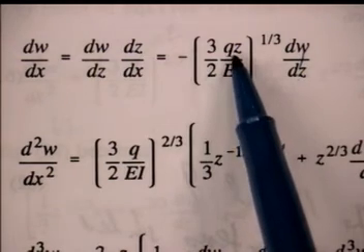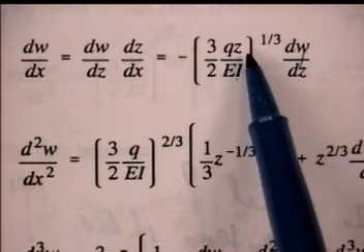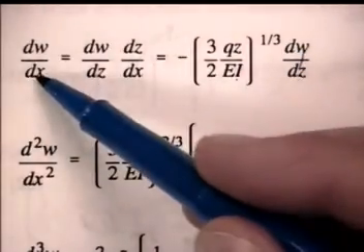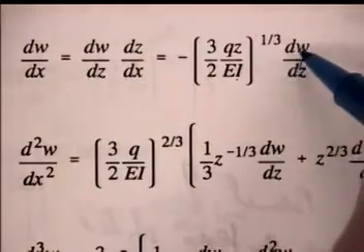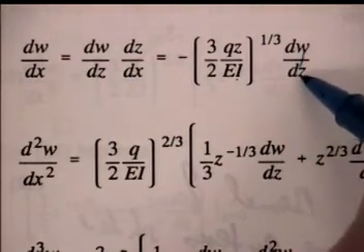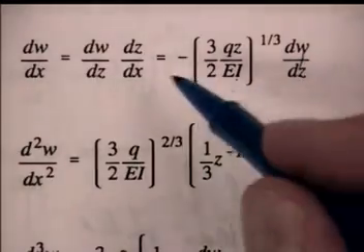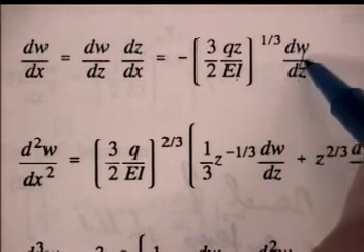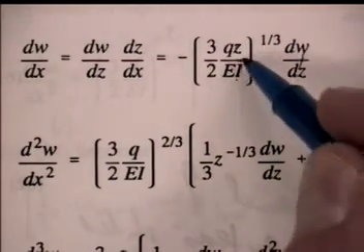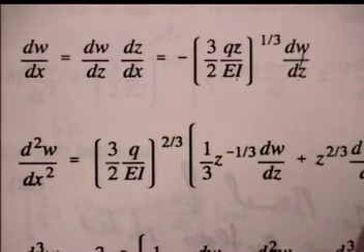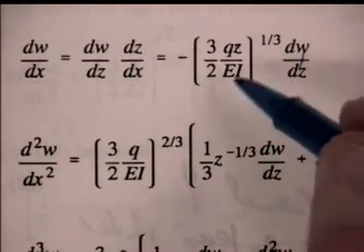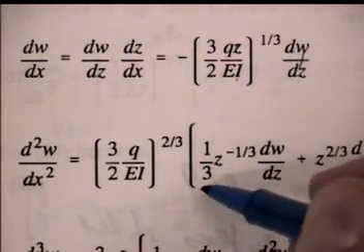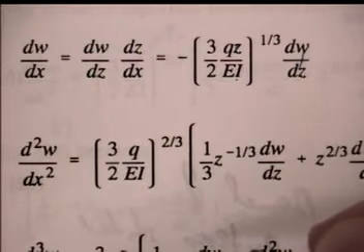And now I have to differentiate. So that is d dz, is it right? Here it says, look, dw dx, whatever function is there, I have to evaluate dw dz, is it right? And now the function which we have is z in power 1/3 times dw dz. That function should be differentiated with respect to z. Now I'm differentiating. So I will differentiate first z, this one. Z in power 1/3, we got 1/3. Okay?